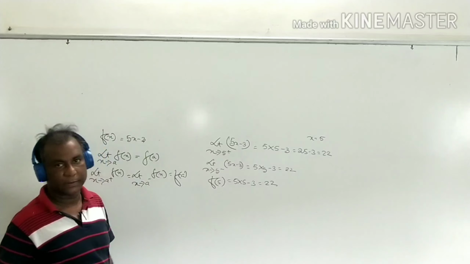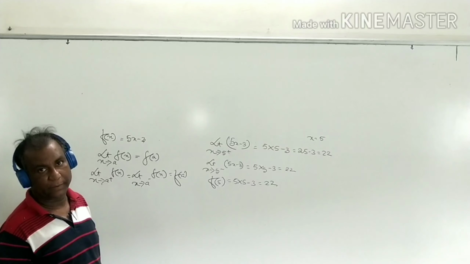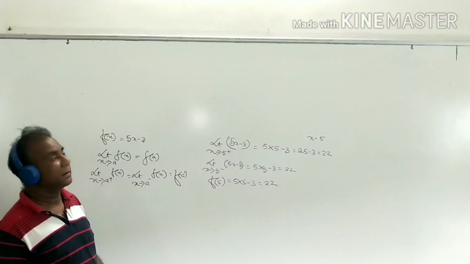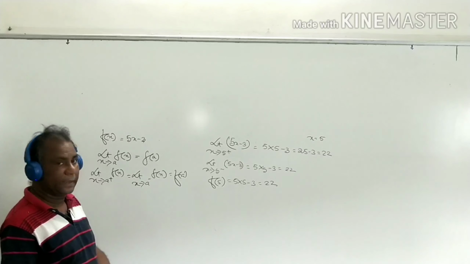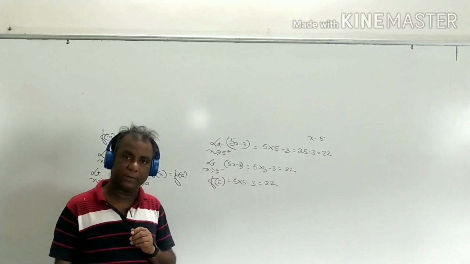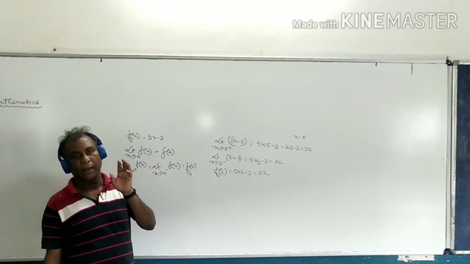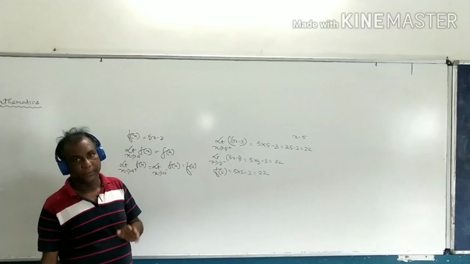So the given function is also continuous at x equal to 5. So what we can now summarize, that the given function is continuous at x equal to 0, x equal to minus 3 and x equal to 5.